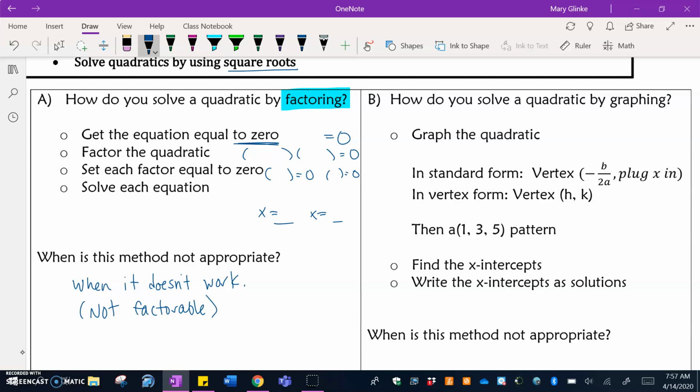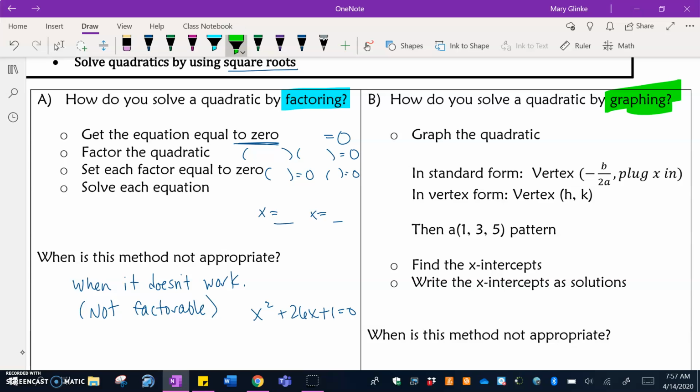You try your number pairs and you can't figure out anything that works. For instance, x squared plus 26x plus 1 equals 0. There are no number pairs that are going to work. So the factoring method, while it is one of the fastest methods, does not work when something doesn't factor.